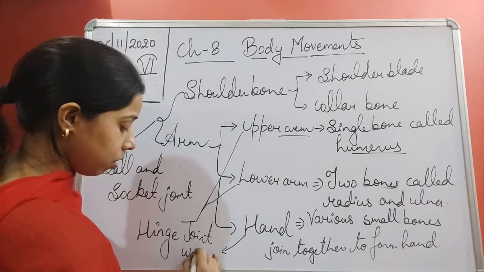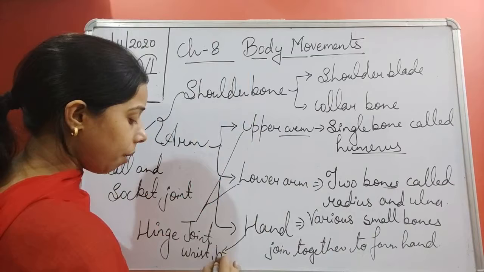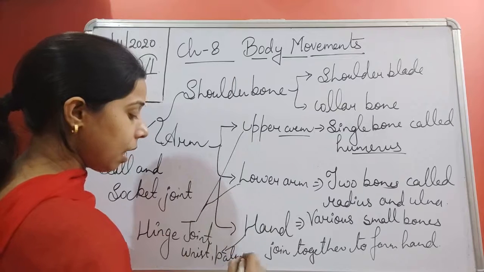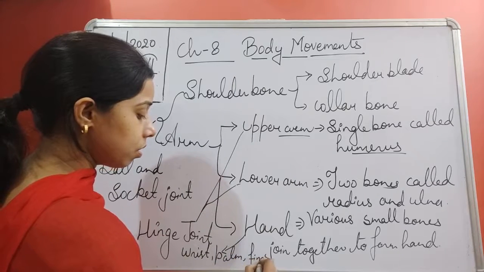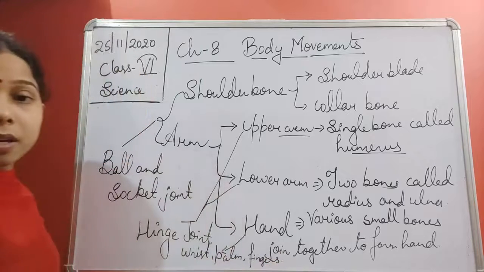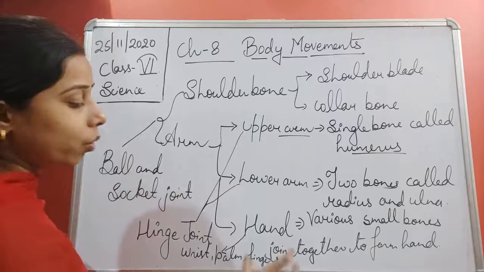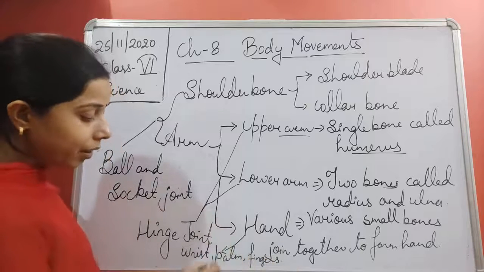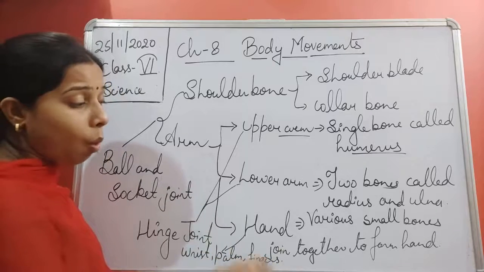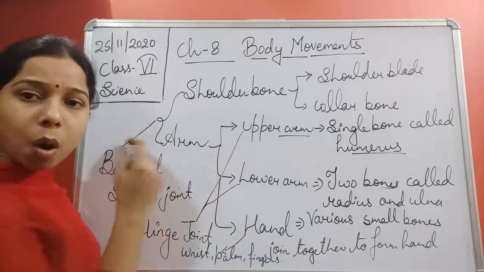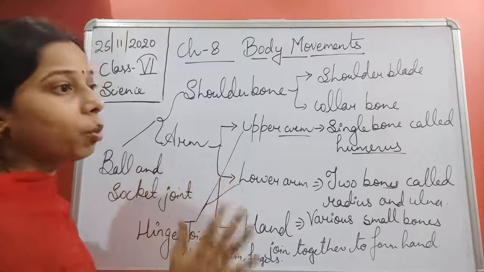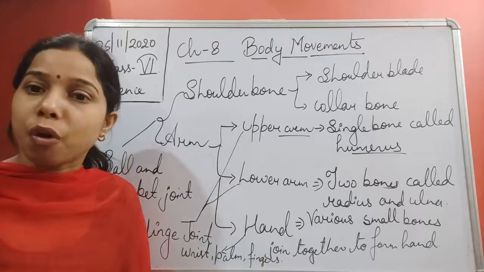Wrist, palm and fingers. Wrist, palm and fingers. So these are the different parts of the hand, including the wrist, the palm and the fingers. They all consist of very small bones, and these small bones join together to form a hand.